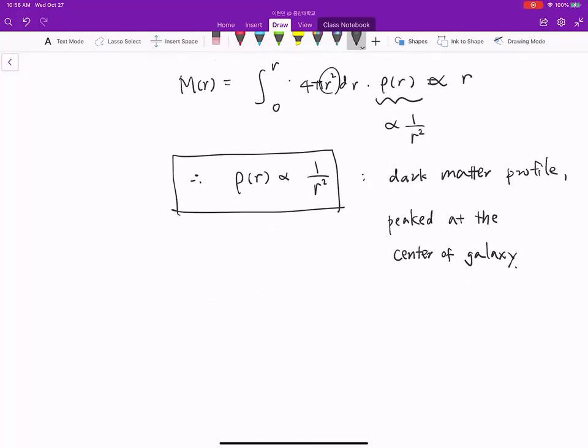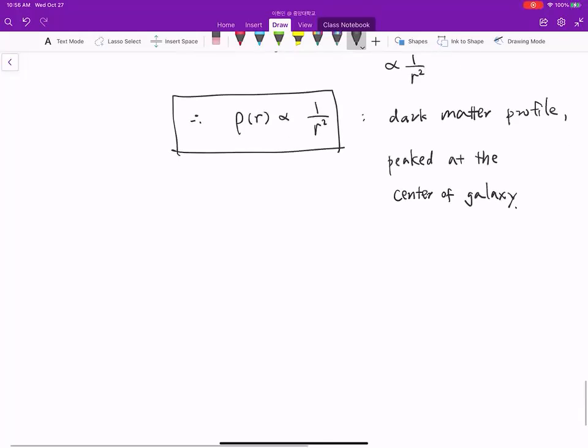But the reality, actually, the matter density doesn't increase. It becomes singular, right? The dark matter density is singular at the origin, according to this formula. But the reality is not true.